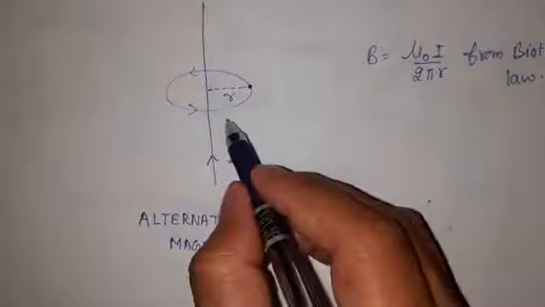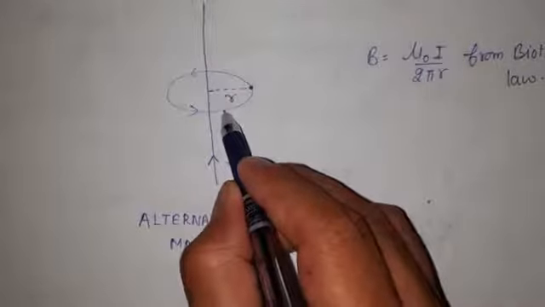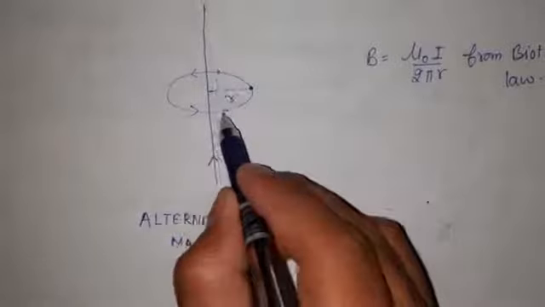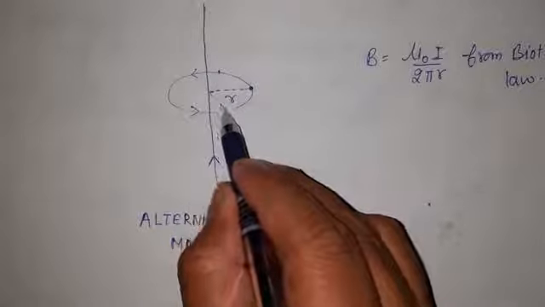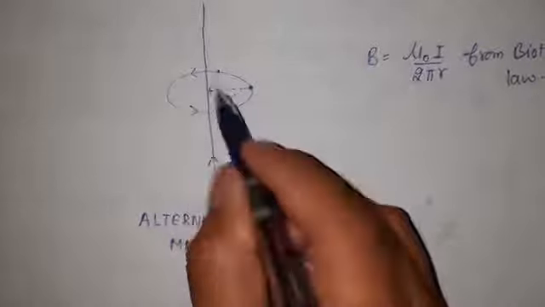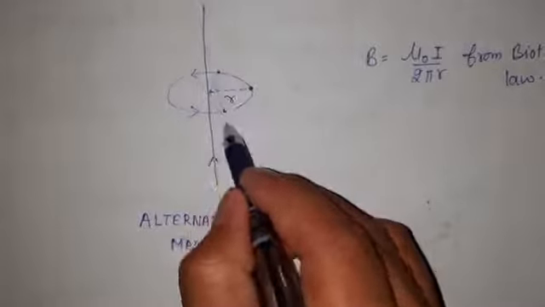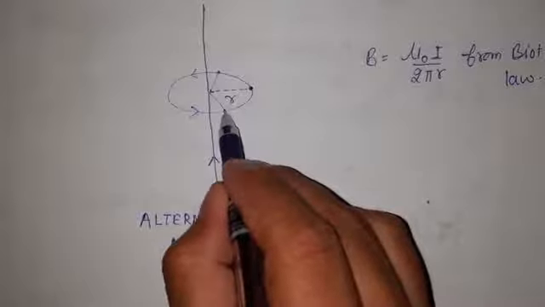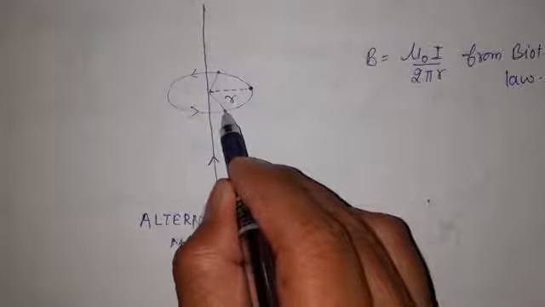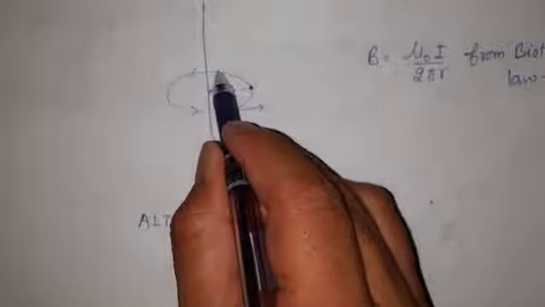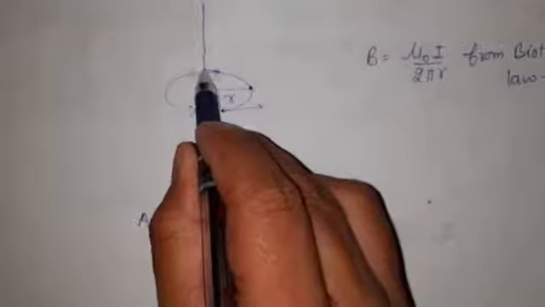Here you will find that if I have this one point and this another point, both these points are at the same distance from this current carrying conductor. So to find the direction of the magnetic field on this loop, I have to take the tangent at this point, and that direction will be the tangent.